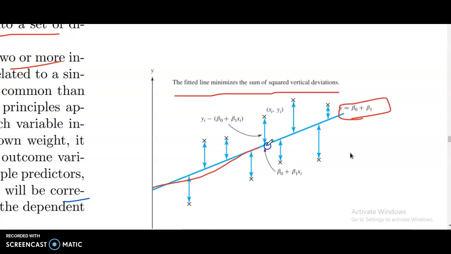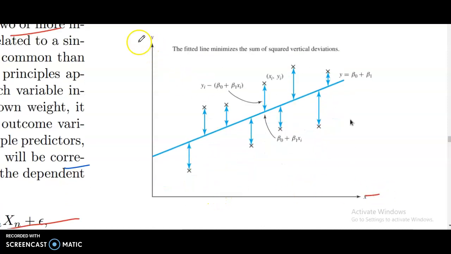This one is yi minus beta naught plus beta 1 x1, the vertical deviation. The x value is like this.